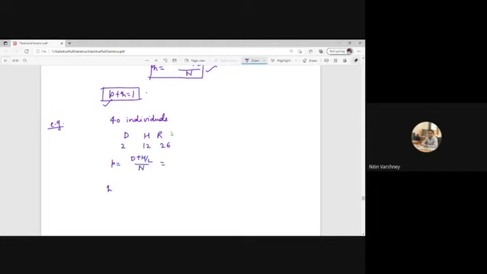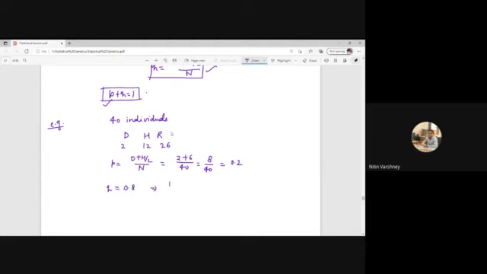H by 2 is 6, so 8 divided by 40. So it will be 0.2. So the gene frequency of A, or P, will be 0.2, and directly we can calculate that Q will be 0.8. Or if you want to check it, you can check with R plus H by 2 divided by N. R is 26 plus 6 divided by 40, so this will be 32 divided by 40, and this will be 0.8.